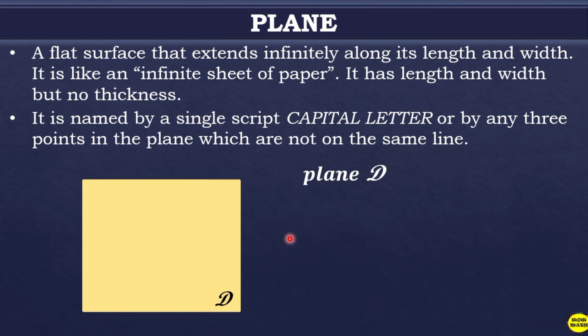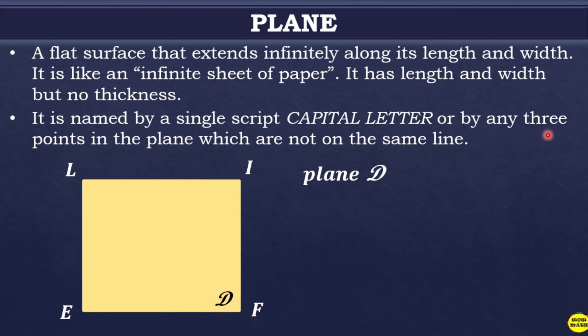So again, this is one way of naming a plane: by using a single capital letter. Often, you will see the name of the plane at the corner. And then, aside from this, you may also name the plane using any 3 points in the plane. For example, this corner represents a point, this is a point, this is a point, and also this one.